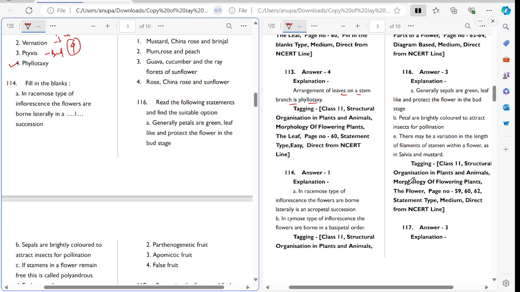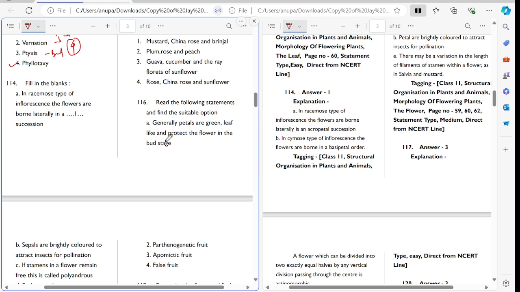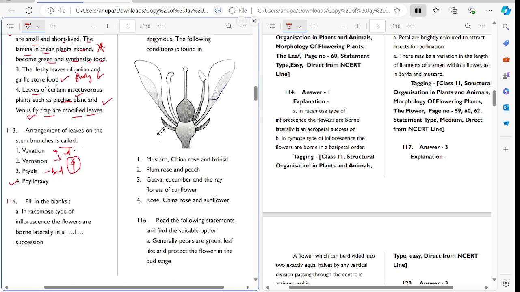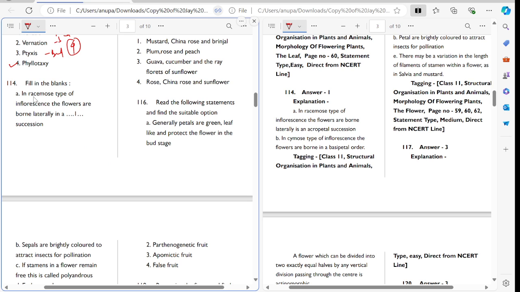Let's move to the next question, that is question number 114. It is a fill in the blanks type question and it has two blanks, A and B. So let's first read A. A states that in racemose type of inflorescence, the flowers are borne laterally in a dash succession.